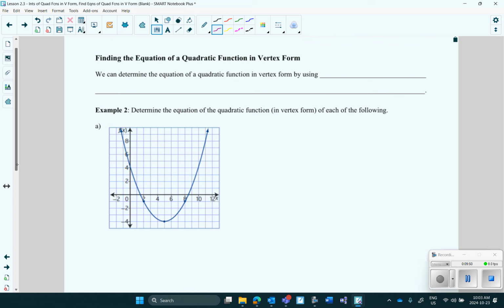Last thing I want to do. How do we work backwards? If I give you the graph, you tell me the equation. Okay. So how do we do this?